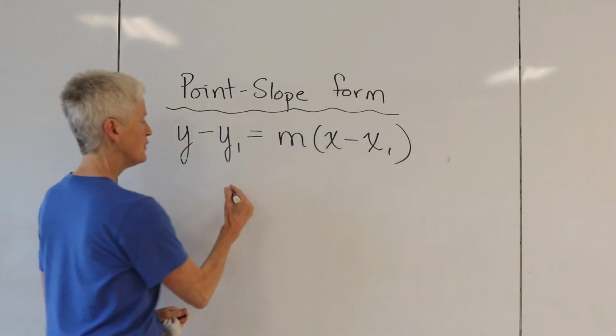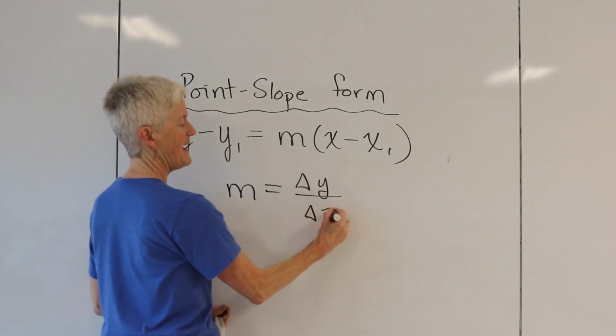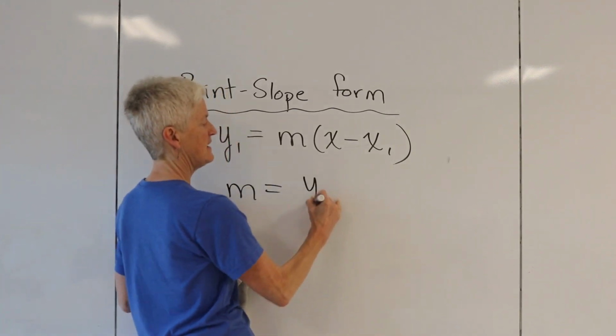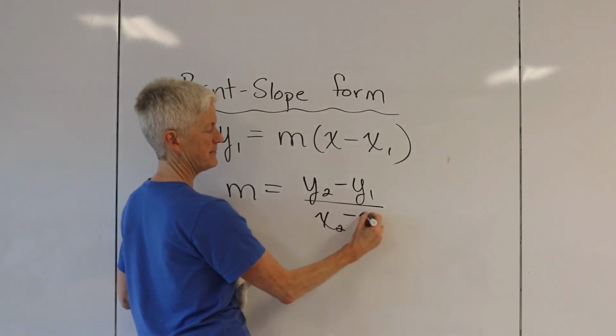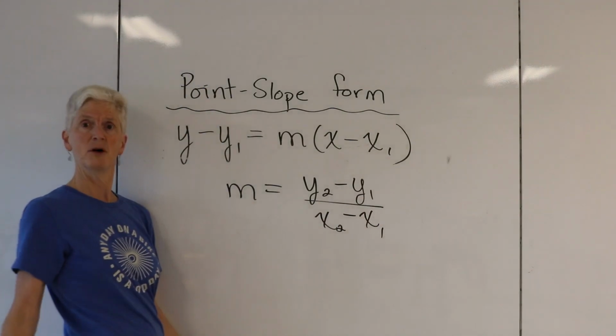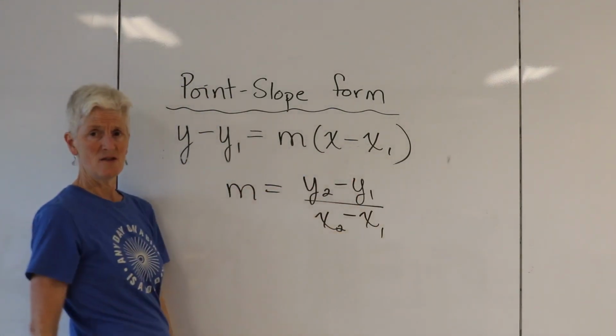Good old slope is the change of y over the change of x, right? And I think when you first learned it, slope looked like this. One of the y's minus the other y divided by one of the x's minus the other x. Okay? Do you see a resemblance between these two things, Mr. Haas?